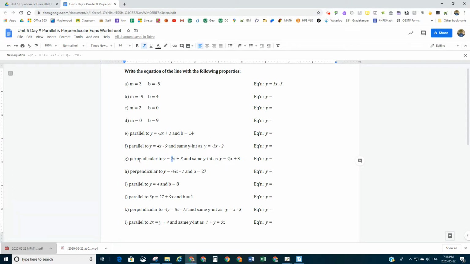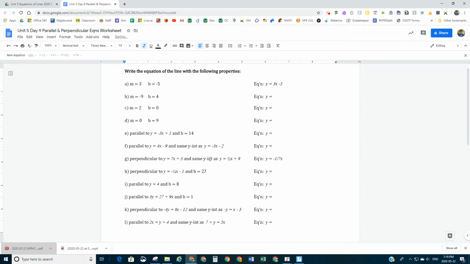So what's the reciprocal of 7 over 1? That's 1 over 7. So I'm going to write that down, 1 over 7. Now, unfortunately, the fraction is going to look like that here, and that's not a big deal. But be careful, it's not just 1 over 7. Since this one's positive, my slope is negative 1 over 7. So there's my slope. I'm going to put an x after it.